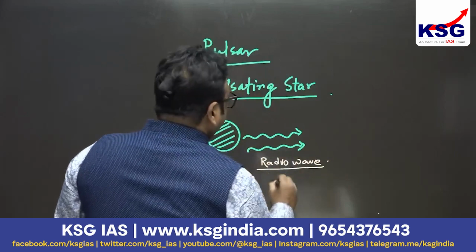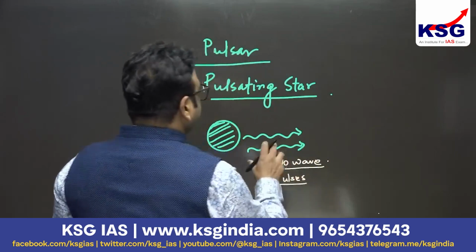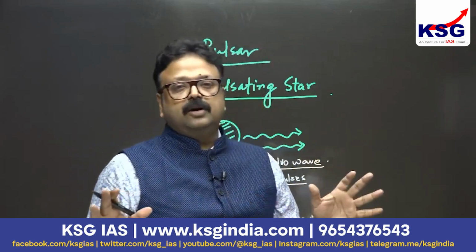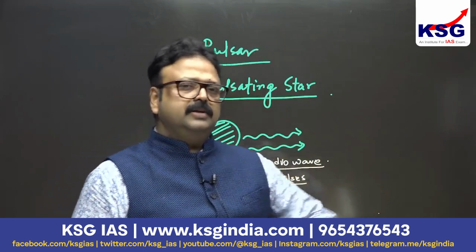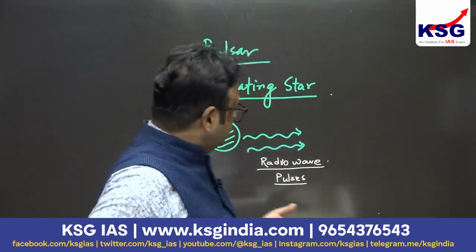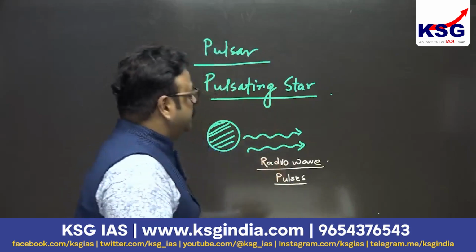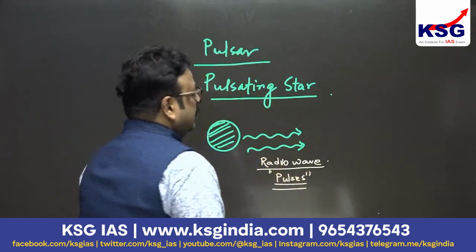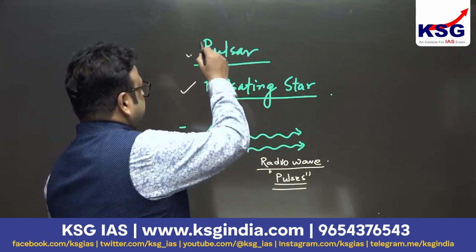This release is in the form of pulses also. Today it has released some pulse of radio wave, some amount of energy, and then it will subside for the next 100 years. Then one day इसका मन किया फिर release energy कर दिया. So this neutron star or pulsar is going to release energy in the form of radio waves, and that too in the form of pulses. That's why this is called a pulsating star or pulsar.